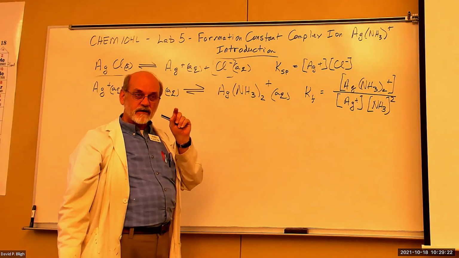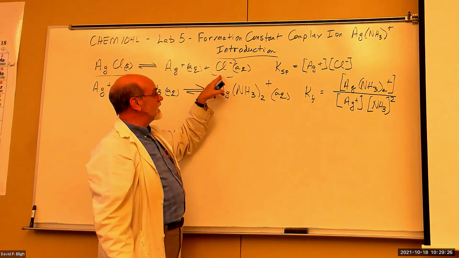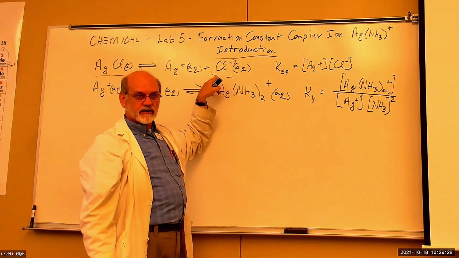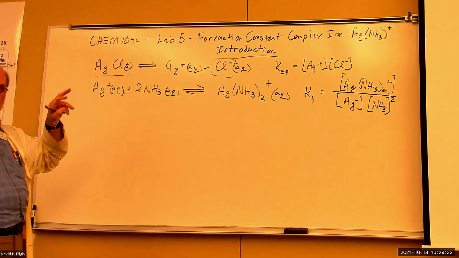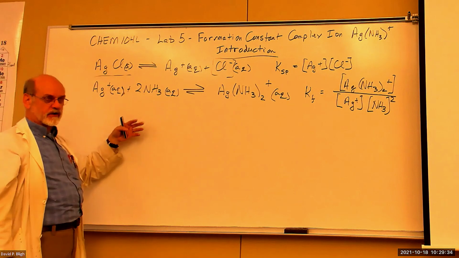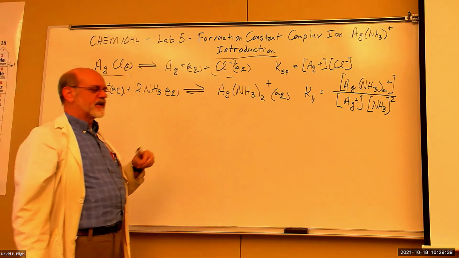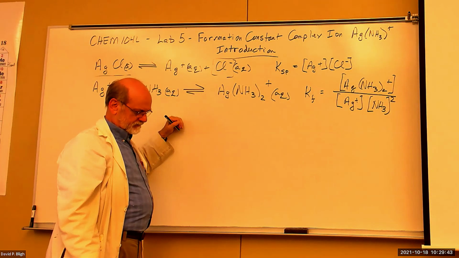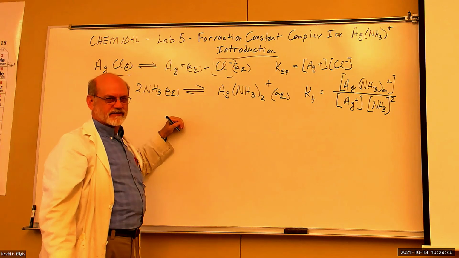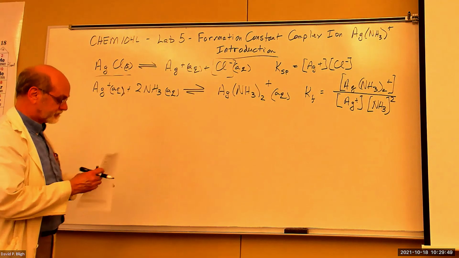With a known concentration and a known volume, we can calculate the number of moles required to reach that point. So that's the titration that we're doing. It's not an Arrhenius acid-base titration. It's a Lewis acid-base titration, to be honest with you.